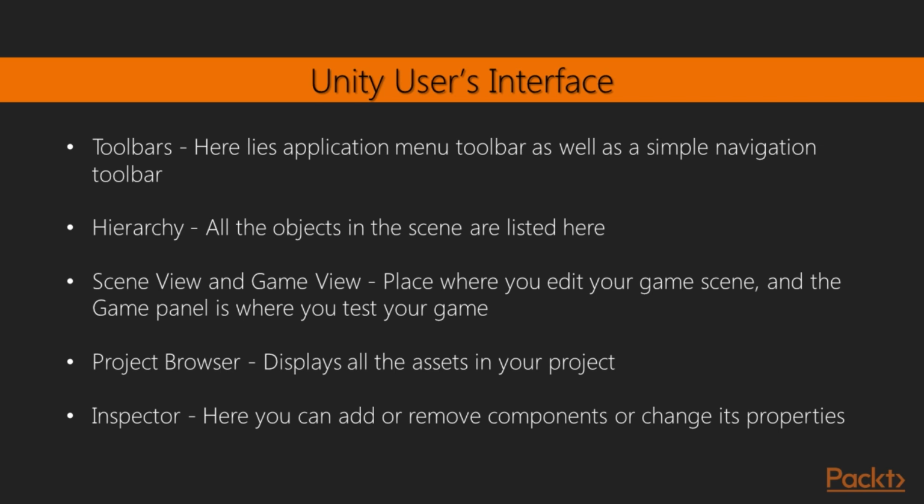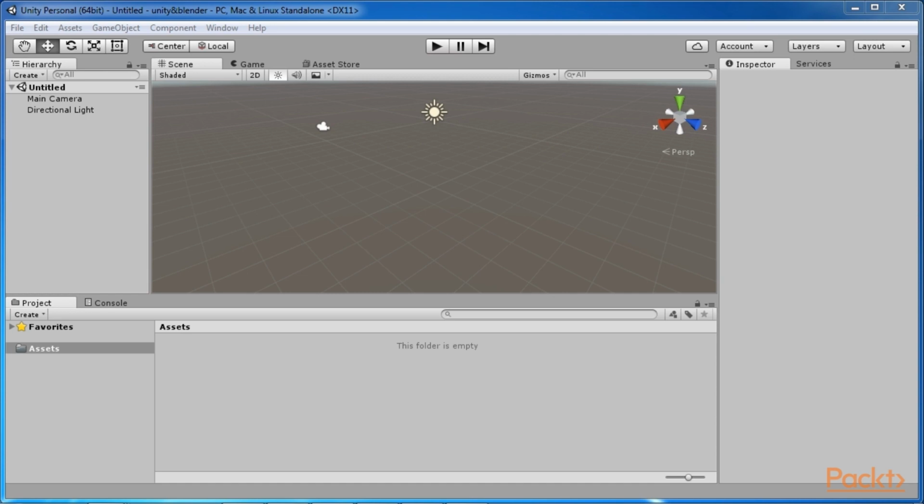However, Unity is software that focuses only on game-related functionality. Therefore, you can't edit the 3D models in Unity, but instead have to import them from 3D modeling software like Blender. Without wasting much time, let's take a look at Unity's user interface, as shown here.